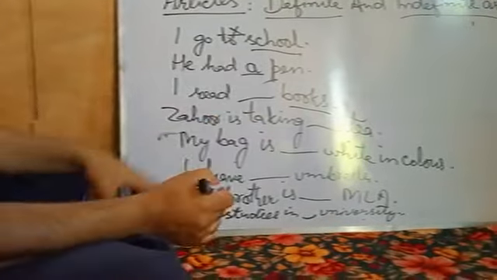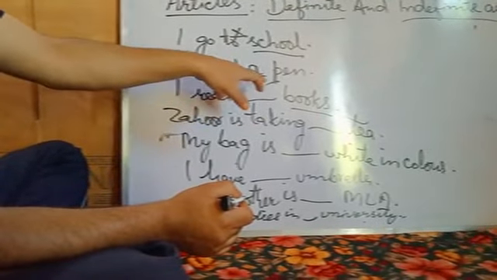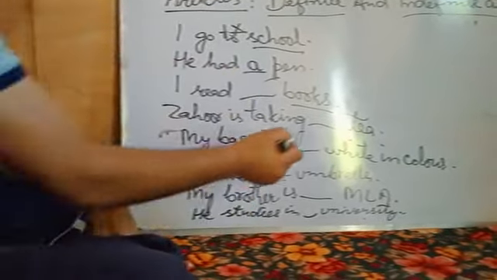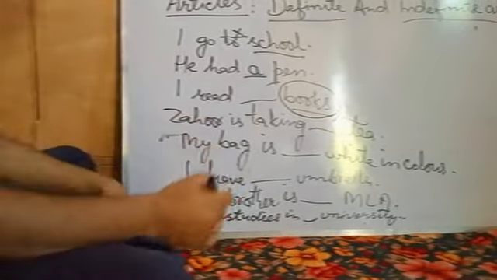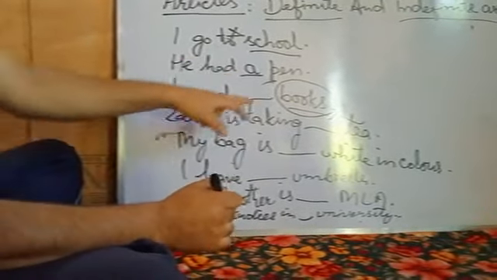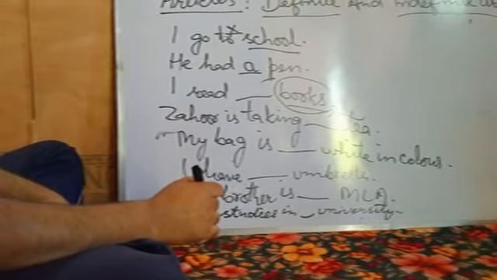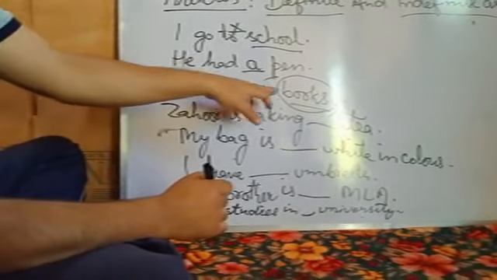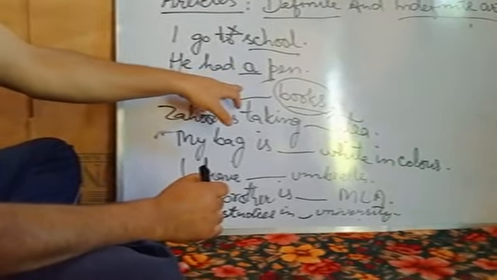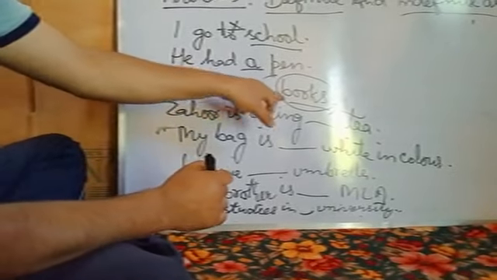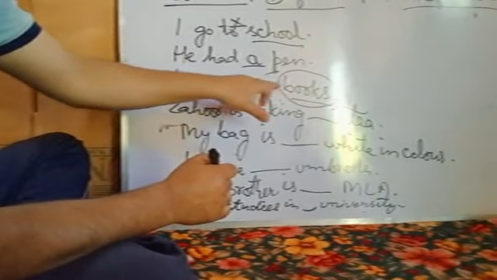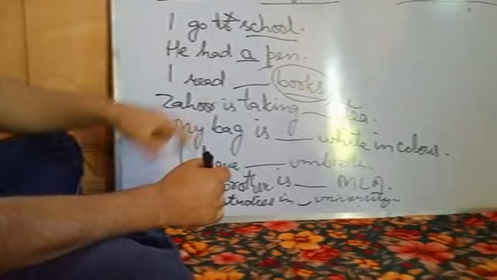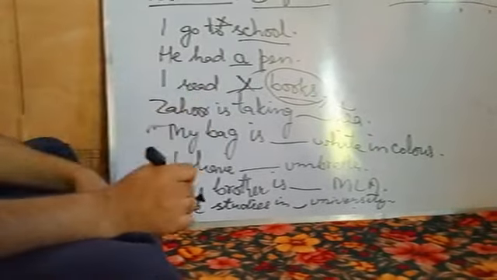We cannot use a books or an books, because books here is plural. If I read dash book, we can use a book, but here we have used books, so we cannot use an indefinite article. So here we can use zero article, meaning cross.